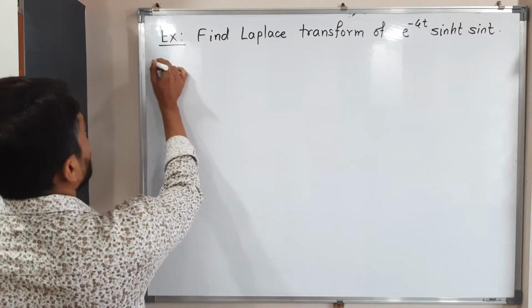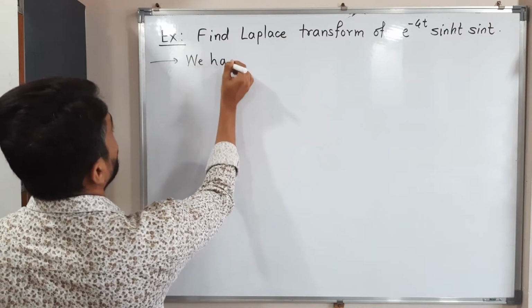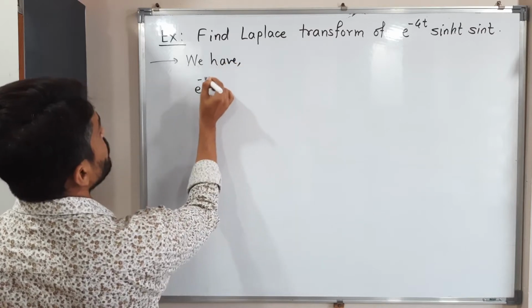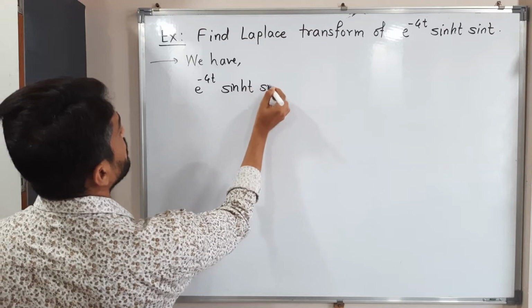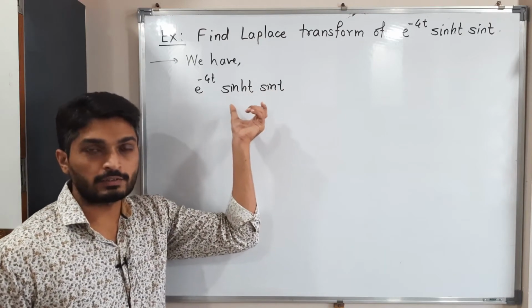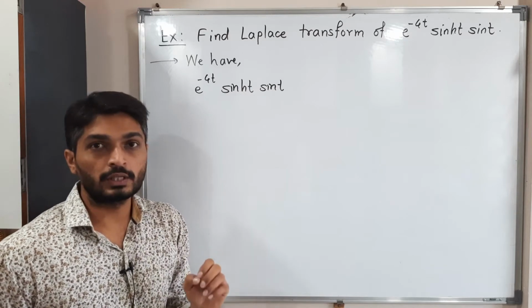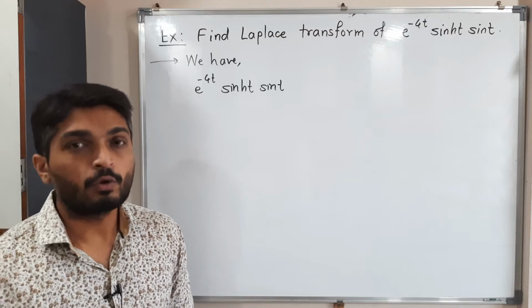What will I do? I will write the given function first. So we have e raised to minus 4t hyperbolic sin t. Normally we start with the product of these two functions. But hyperbolic sin t is there, so we cannot do it directly. What will I do?